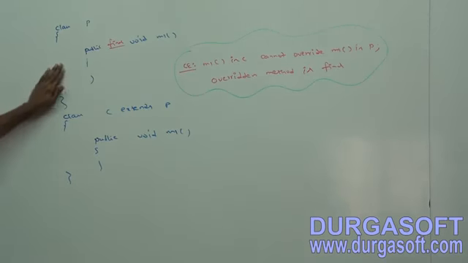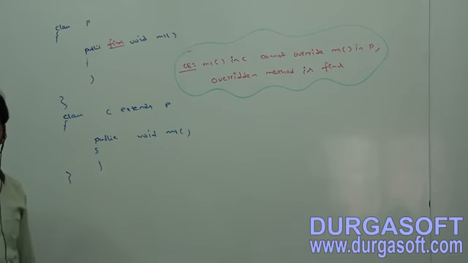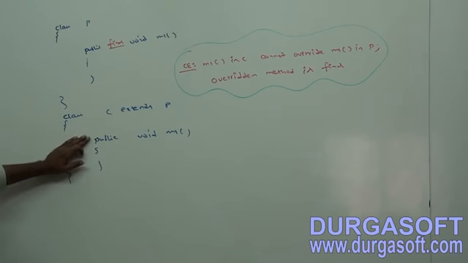Class P has public final void M1. Next, class C extends P, with public void M1. Take the point well: we get a compile time error.